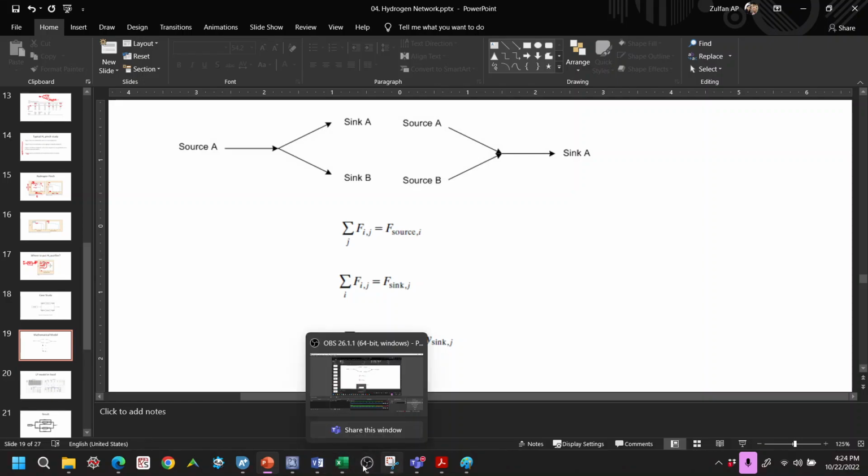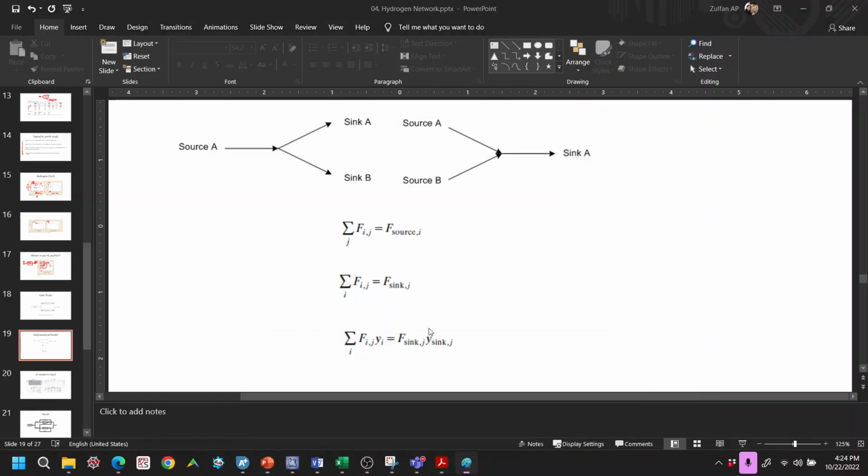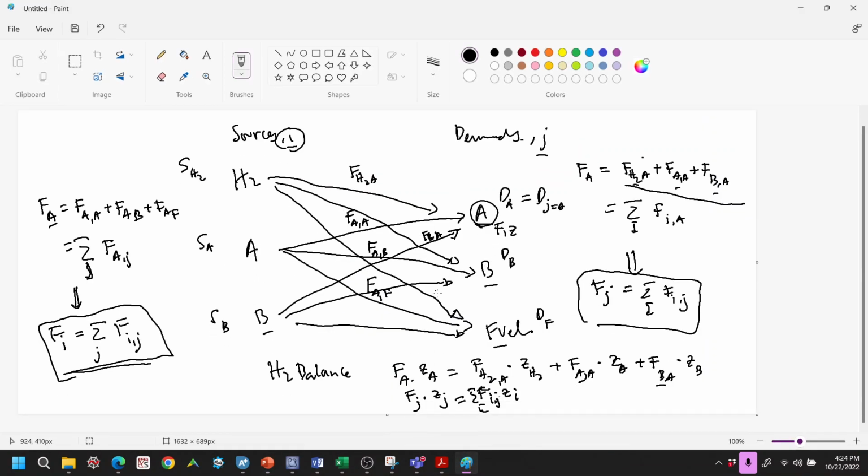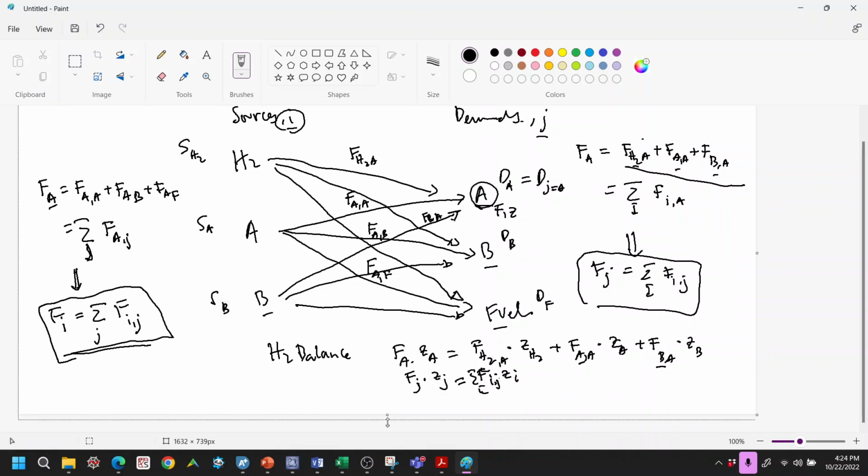add the objective function. Okay, so the objective function, obviously we want to minimize these, right? These three streams, we want to minimize.